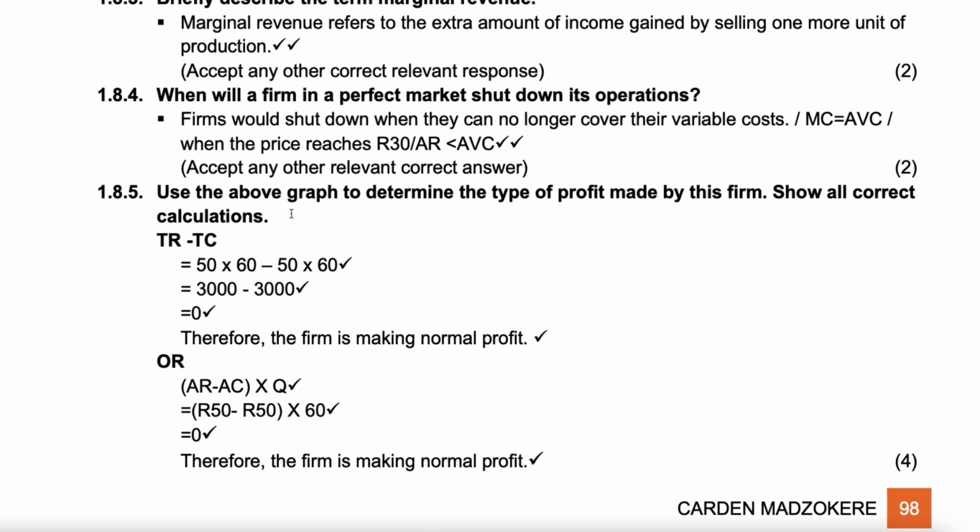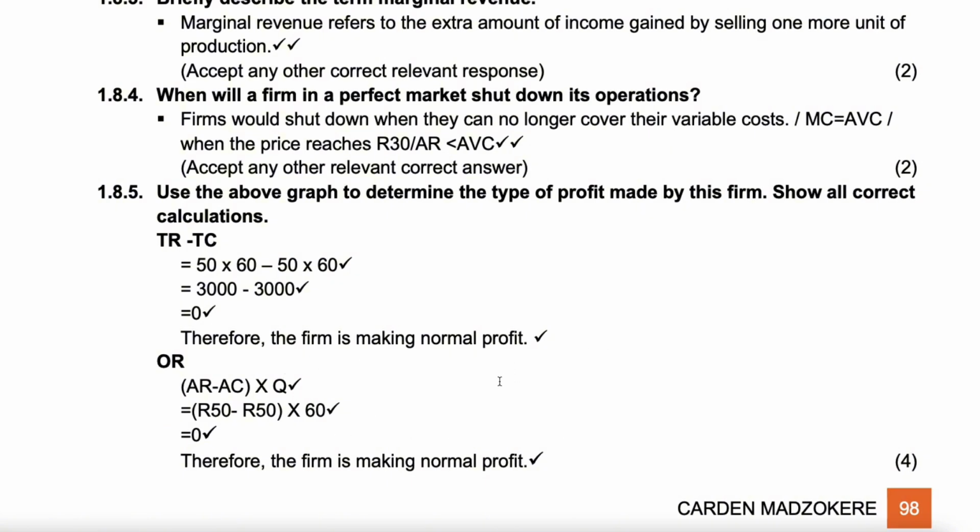And then the last one, use the above graph to determine the type of profit made by this firm. Show all correct calculations. Well, TR minus TC, yes, I said AR minus AC times Q. That's basically where you get to.